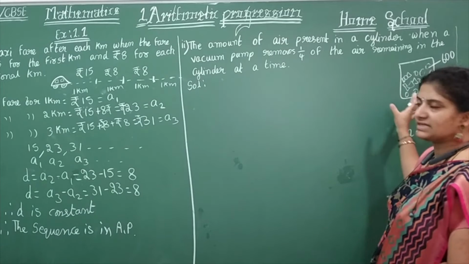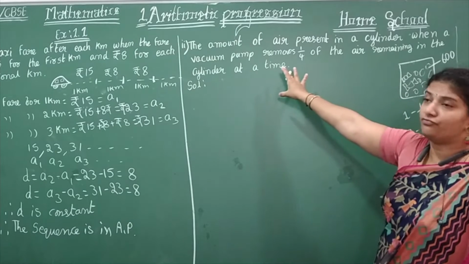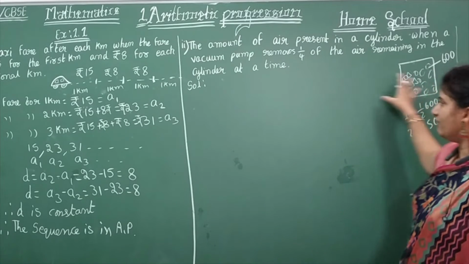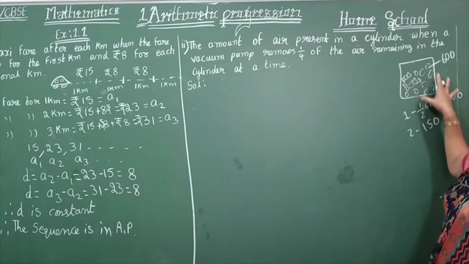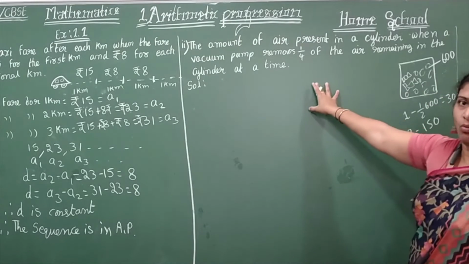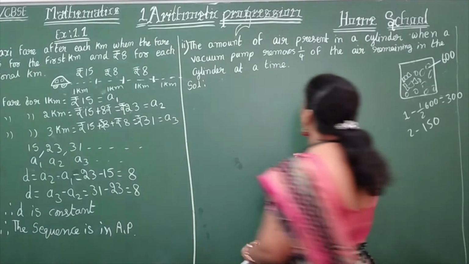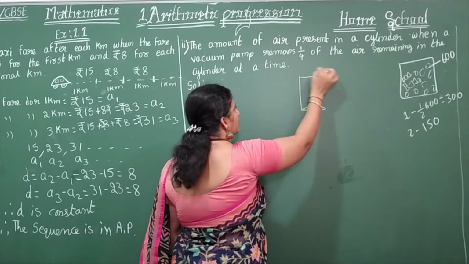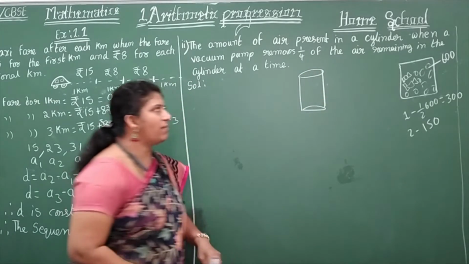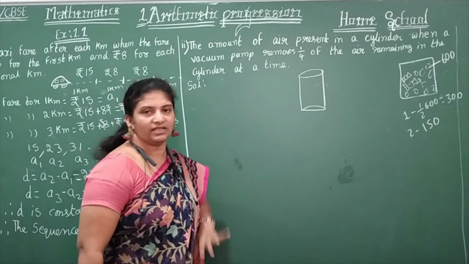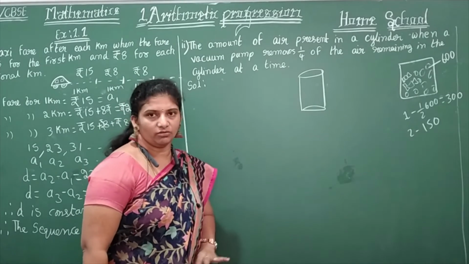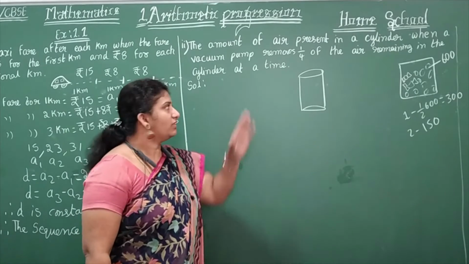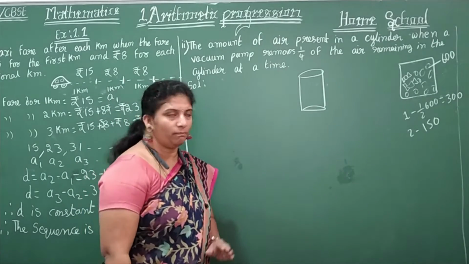In the same manner, let's compare the problem with 1/4 of the area. Here we have done half, meaning 1/2. Here we are going to do 1/4 of it. What is the problem here? Let's imagine a cylinder. In this, some amount of air is present. Every time they are going to remove 1/4 of the air with a vacuum pump.